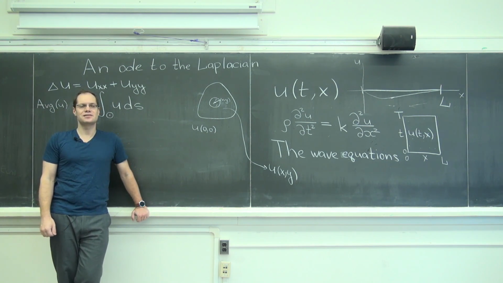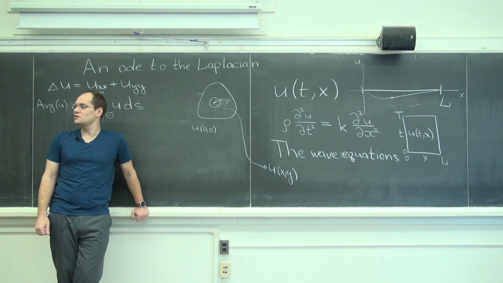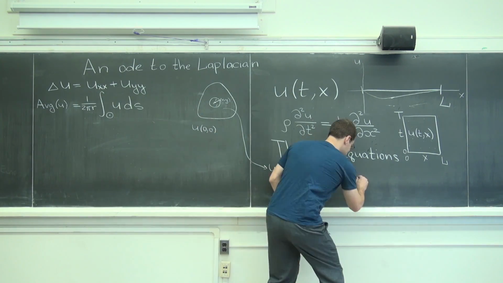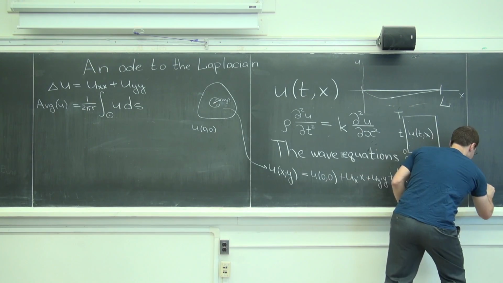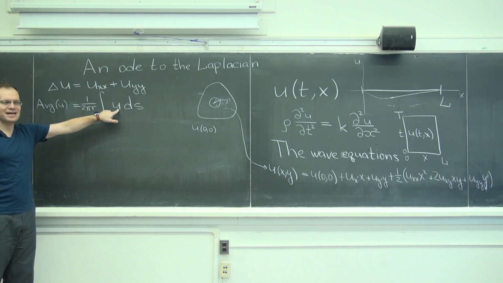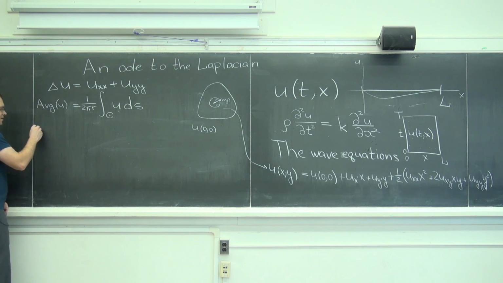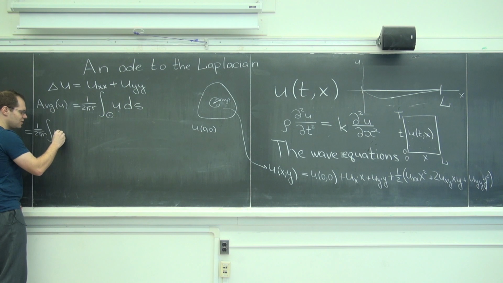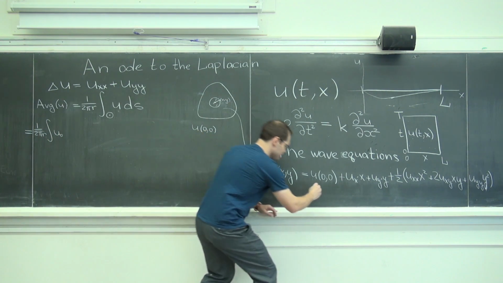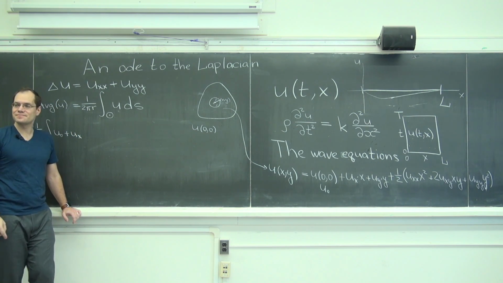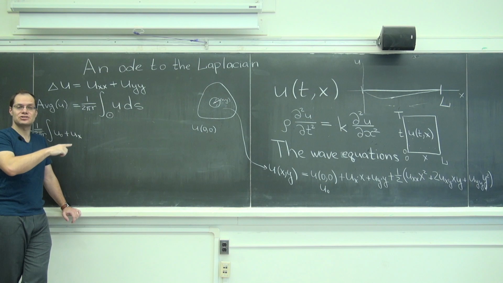Who remembers Taylor series from multivariable calculus and what they look like? So now I have to plug it in here. That's what u is. u of 0, can I denote it by u sub 0, times x. And this will be a line integral.